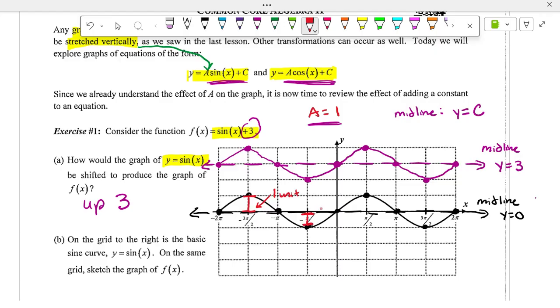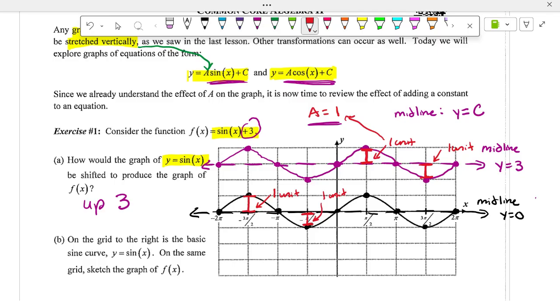Also from the minimum, 1 unit. And it's the same thing here. So here's the max from the midline, still 1 unit. That's the amplitude. Midline to min, 1 unit. And all of these come from the amplitude.